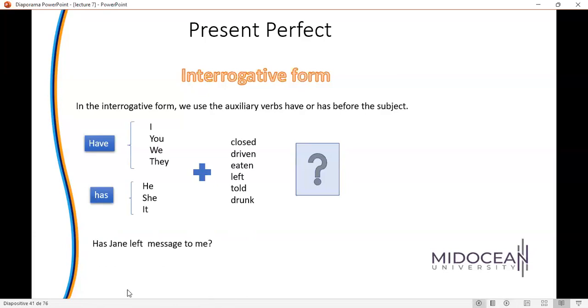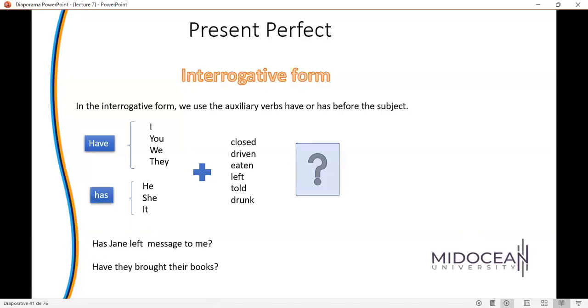Example: has Jane left a message for me? This is the interrogative form of the present perfect. Here you have the auxiliary verb has, plus Jane, the subject, plus the past participle of the verb leave, left.